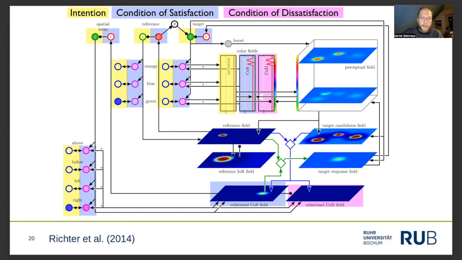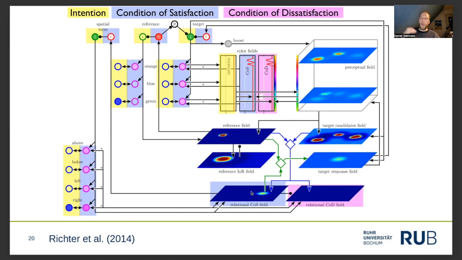The reference process has as its condition of satisfaction the formation of a peak in the reference field, which just signals that the reference object with the desired color has in fact been found and stored in the reference field. And the condition of satisfaction of the target is analogously given by the formation of peaks in the target candidates field. So if the condition of satisfaction is true, we're finished, and we have grounded the phrase.